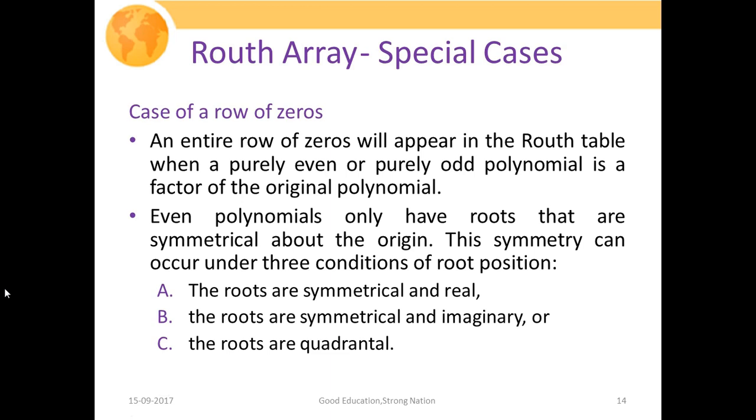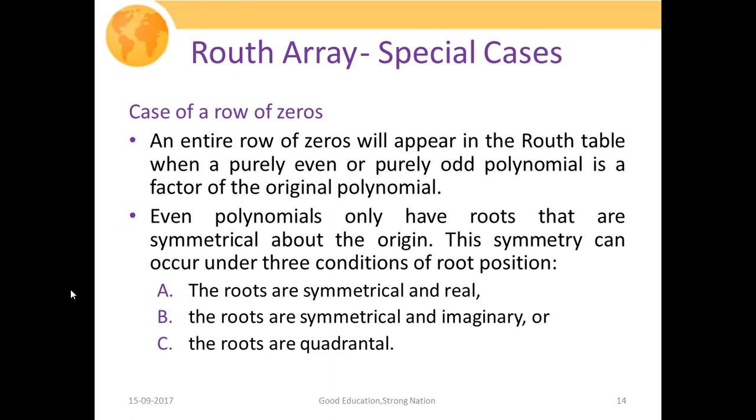Even polynomials only have roots that are symmetrical about the origin. This symmetry can occur in three ways.